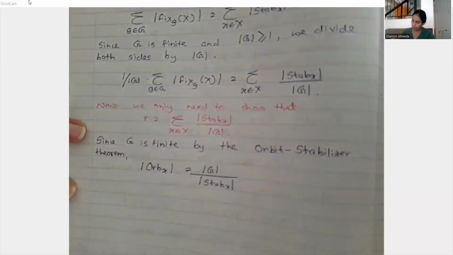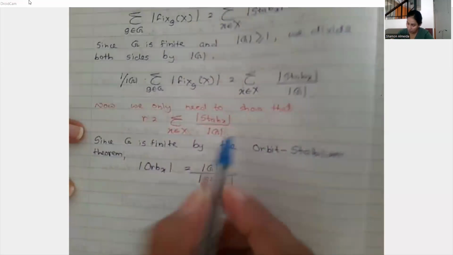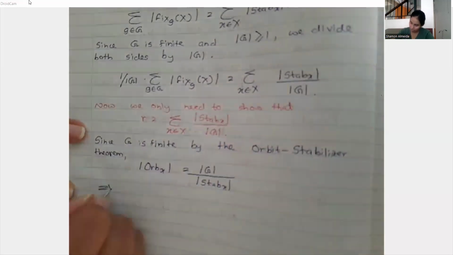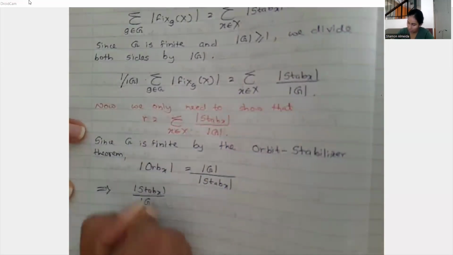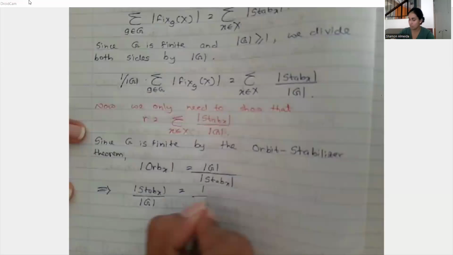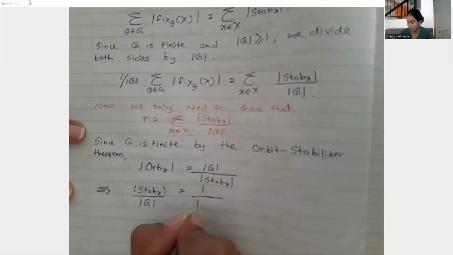Now, we want to get this quantity. So this implies that the number of elements in the stabilizer of X over the number of elements in G is the same as 1 over, we are simply taking the reciprocal, right?